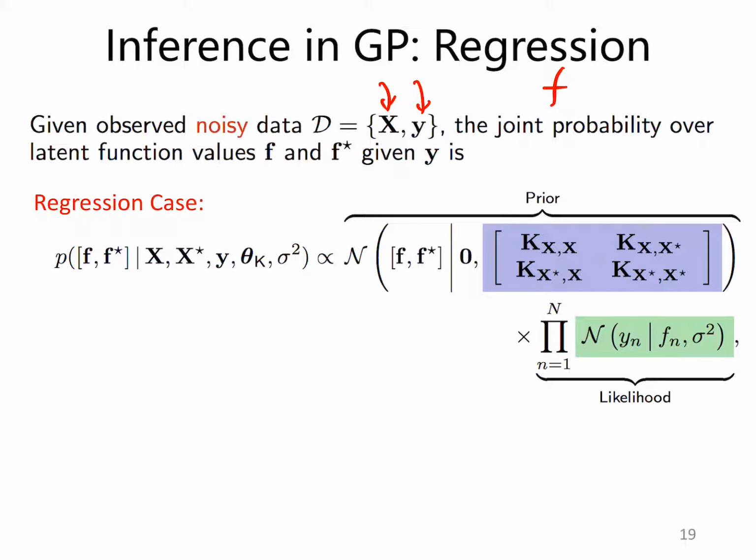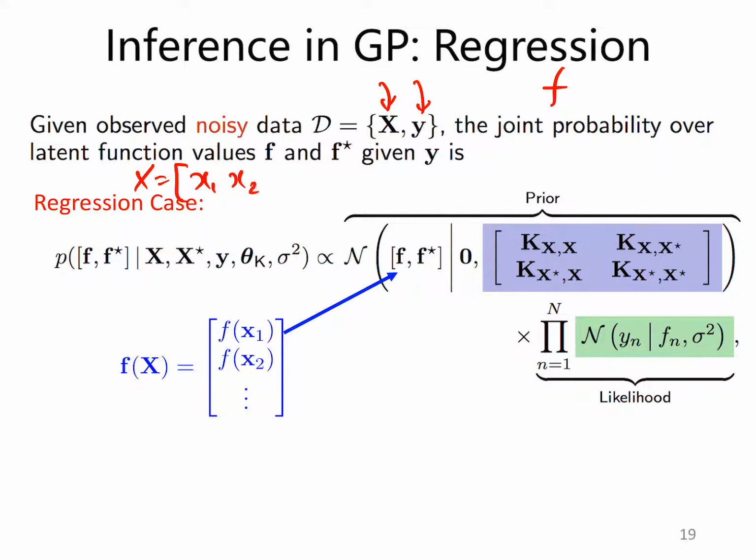For example, say that SE is the space of all infinitely differentiable functions. Let me go back and construct a vector of evaluations at each of these input coordinates. Remember, my x is the first input, second input, and so on, up to the nth input.